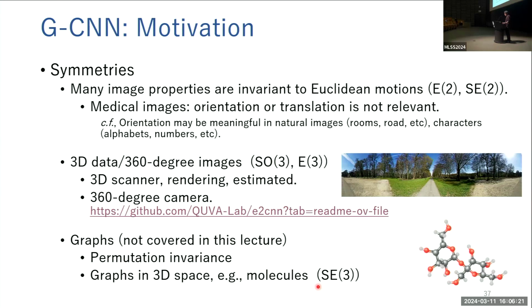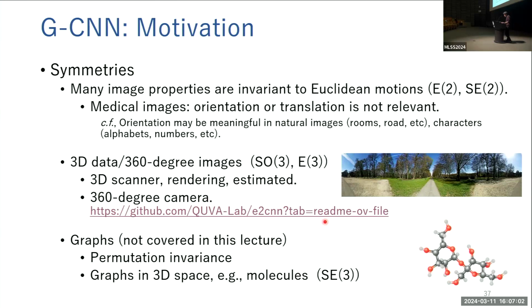But a medical image doesn't have such meaning in its orientation. So a rotation or Euclidean motion invariant classifier should be very useful. And nowadays we also have many 3D images and panoramic images of 360 degrees. Three-dimensional rotation or three-dimensional Euclidean motion may be useful to consider.